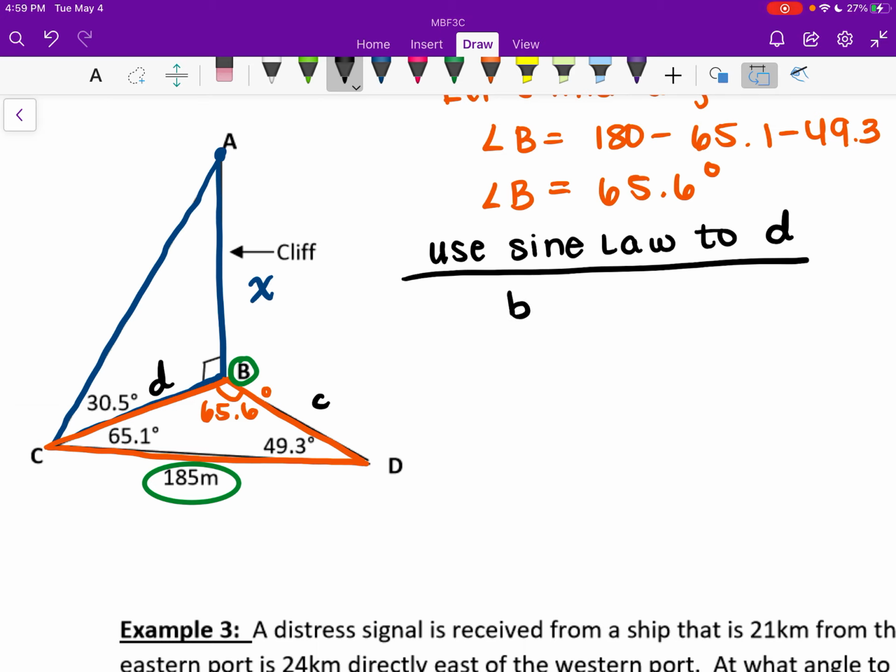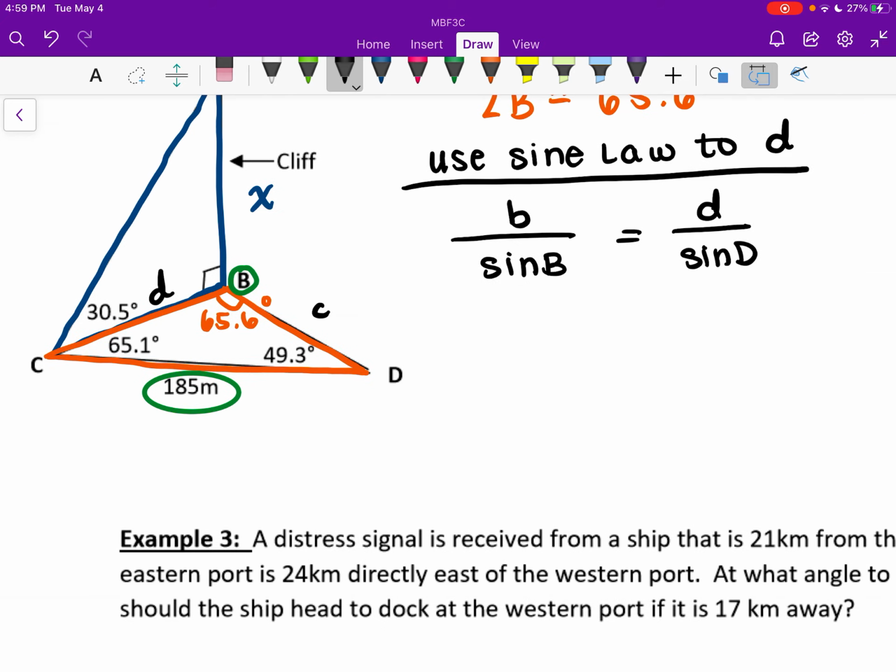Okay, so B over sine B is equal to D over sine D, and that's just from your equation sheet for finding angles. So I know that B is equal to 185. Sine angle B, which is 65.6, is equal to D, which I don't know what it is, over sine D, which is 49.3.